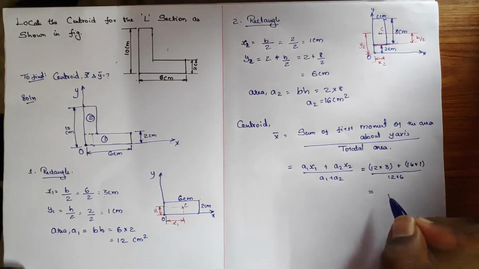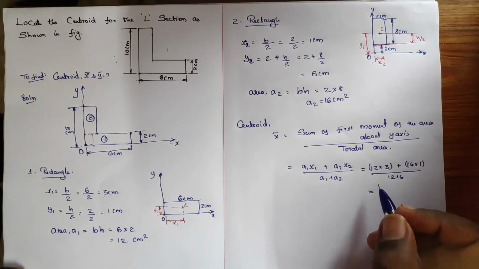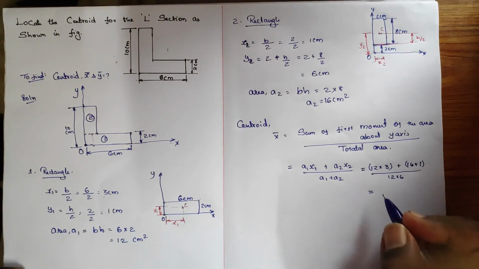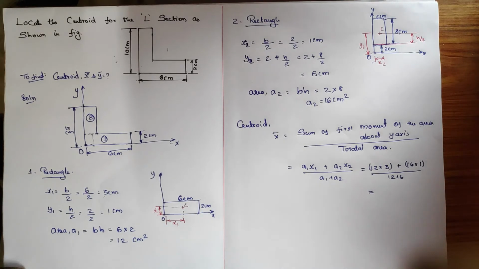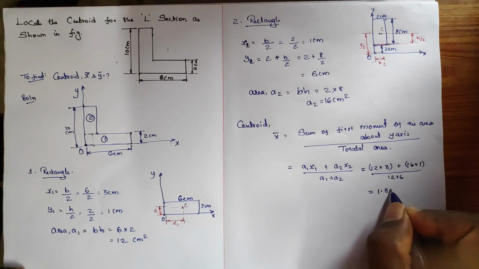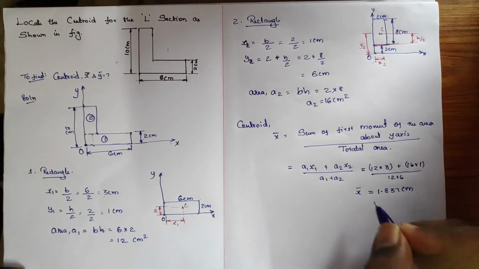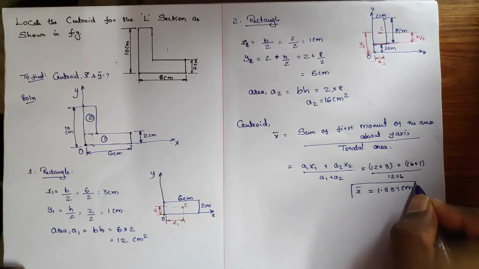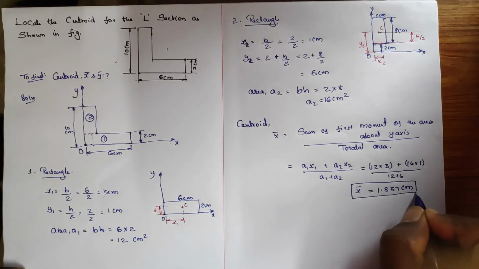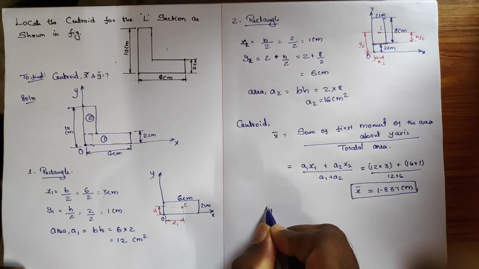Just do the calculation. When you divide, you will get the answer. X bar is 1.837 centimeter.